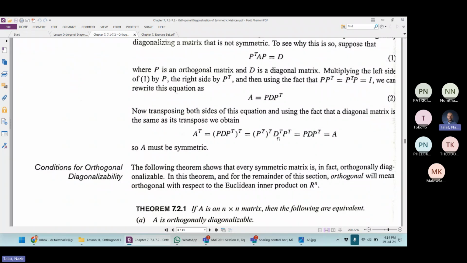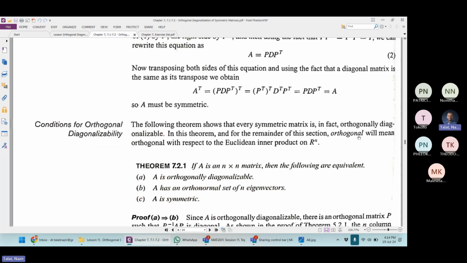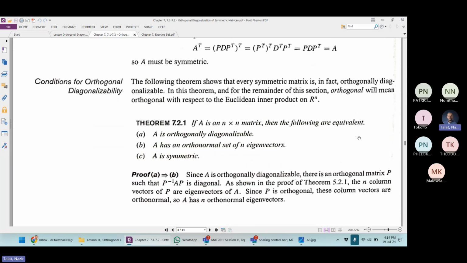And since D is a diagonal matrix, the transpose of a diagonal matrix is again D, because it doesn't affect anything. And again we will get A. It means if A is orthogonally diagonalizable, then A will always be symmetric, and hence this result is also equivalent. It means if A is a symmetric matrix, then such a matrix is orthogonally diagonalizable.